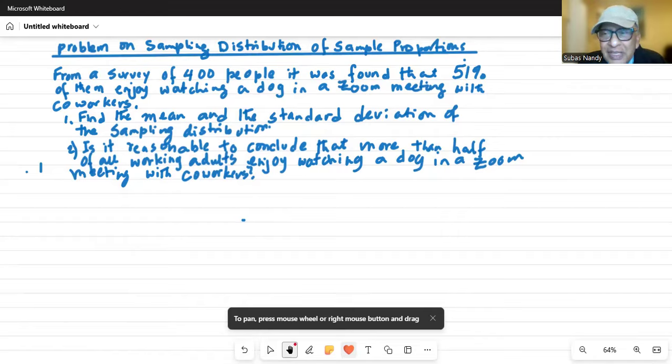So the first thing you do is identify the sample size, which is n. Your sample size is n equal to 400, and p is your population proportion of success. What is success here?